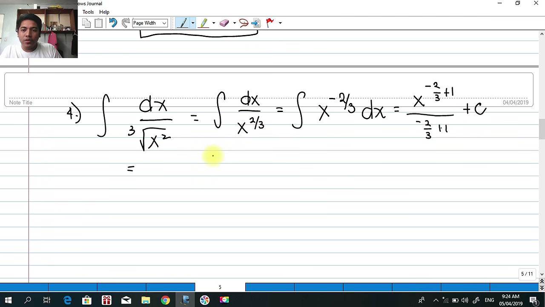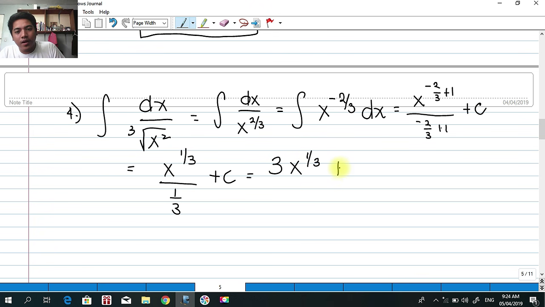So, we have negative 2 thirds plus 1, that is 3 minus 2 over 3, so x raised to 1 third over 1 third, plus c. To simplify, we now have 3 times x raised to 1 third plus c. Okay. So, that should be our answer.